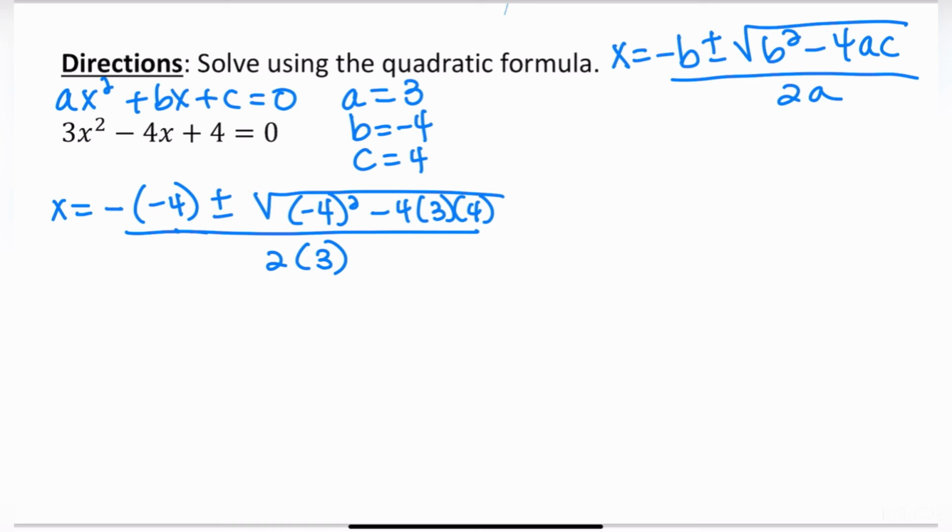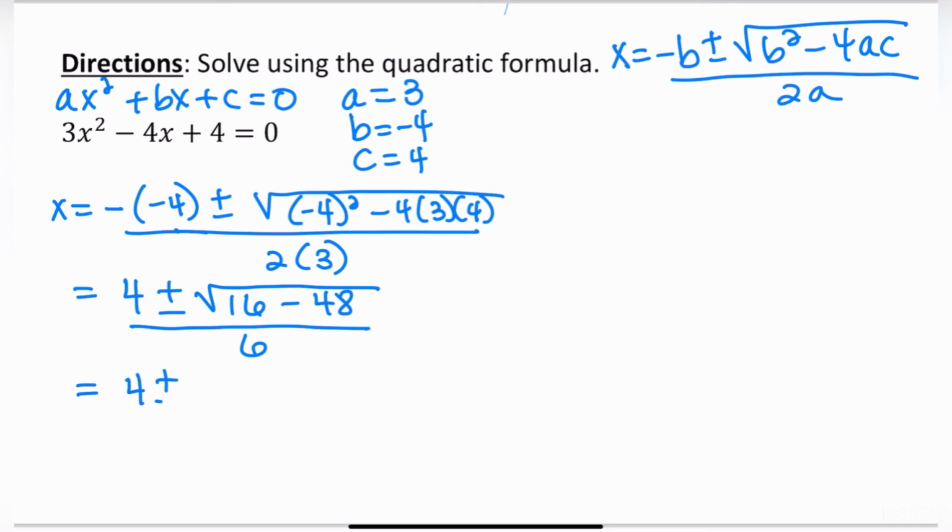So from here, I end up with negative negative 4, which is a positive 4, plus or minus the square root of negative 4 squared, which is positive 16. Negative 4 times 3 is negative 12 times 4 is negative 48 all over positive 6. And this is equal to 4 plus or minus the square root of negative 32 all over 6.